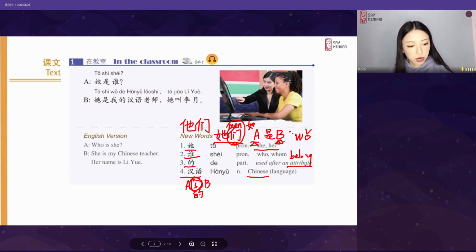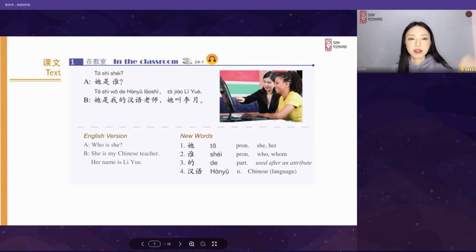Okay, now let's try to read it from the start, each word twice. 3, 2, 1. 他, 谁, 的, 汉语. Very good.